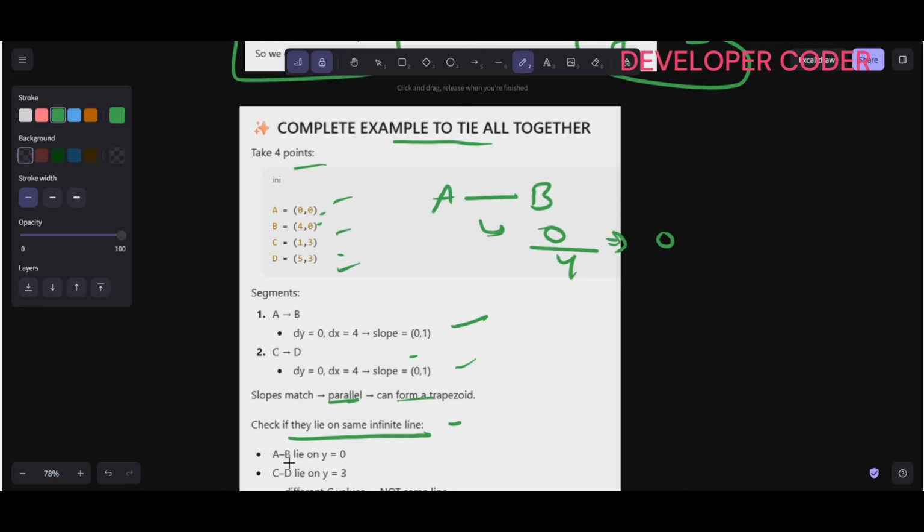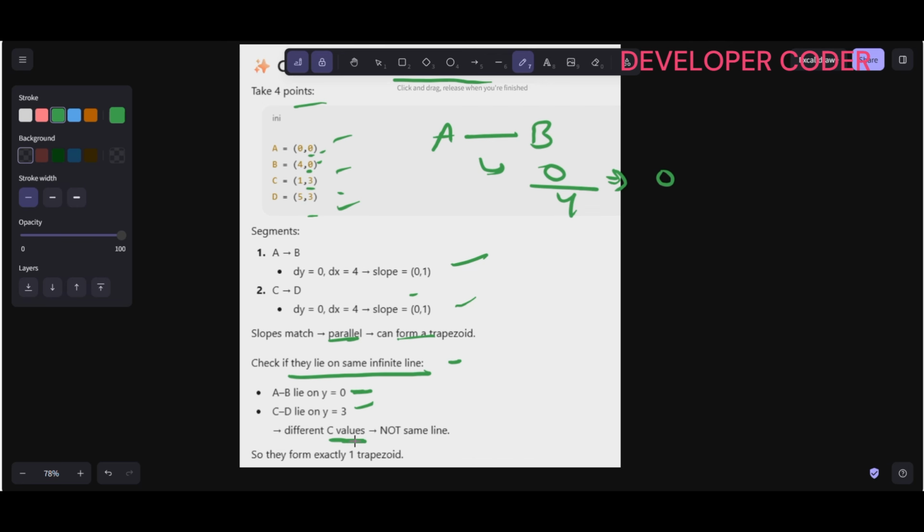Okay, so a and b, if you see this, they both lie on y is equal to 0, right? C and D, they both lie on y is equal to 3, right? So different c values, right? Different c values, right? So not the same line. Different y values, if you see, right?